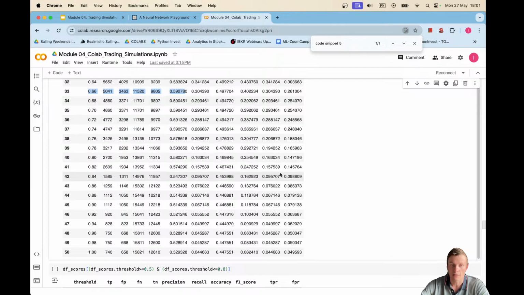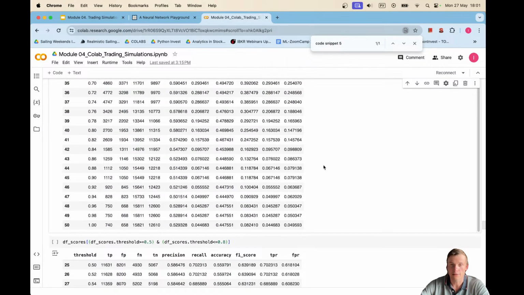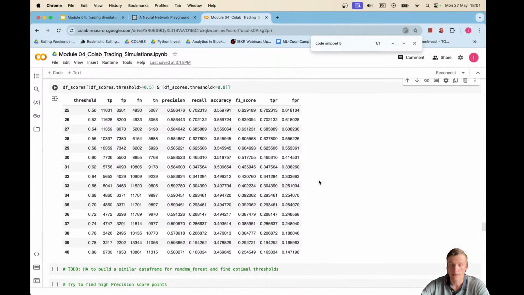That's how you can calculate this function, this table, and you can reuse the code. And oftentimes, I look only at the thresholds between 0.5 and 0.8.